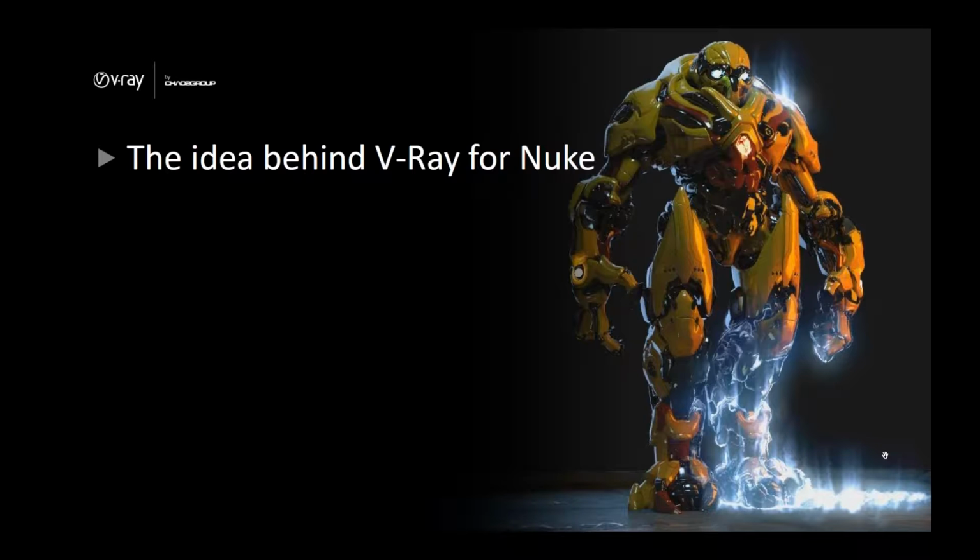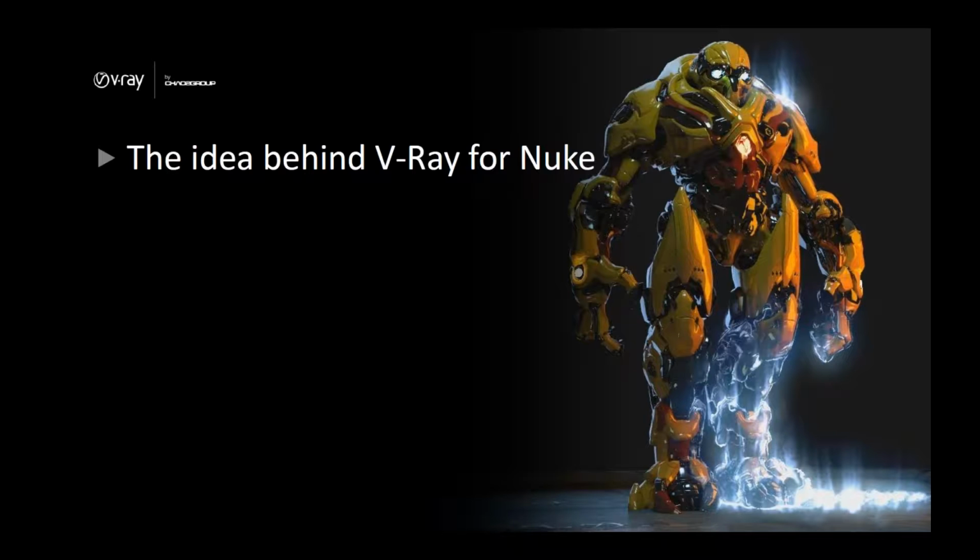You all know what the production pipeline looks like, and that a lot of work should be done before a compositing artist can do his job. For example, work from the 3D department, like modeling, texturing, rigging, animation, shading and lighting, and rendering, of course.